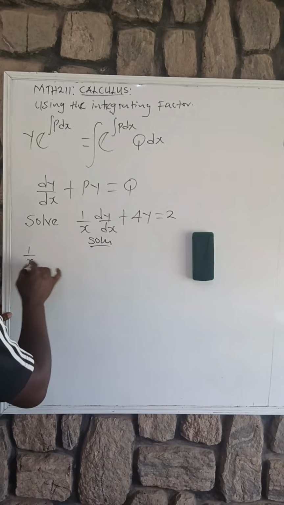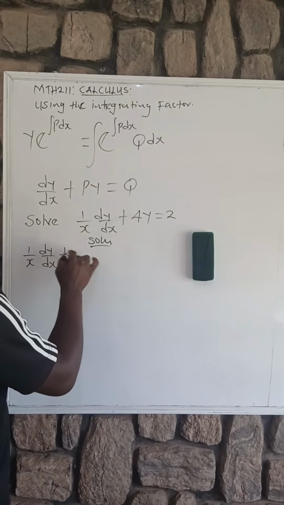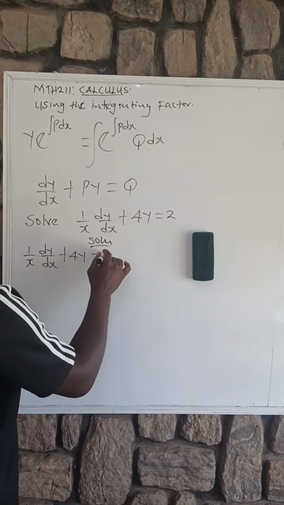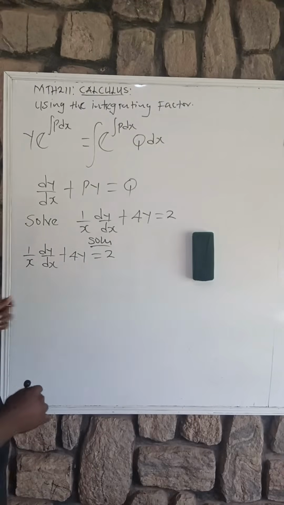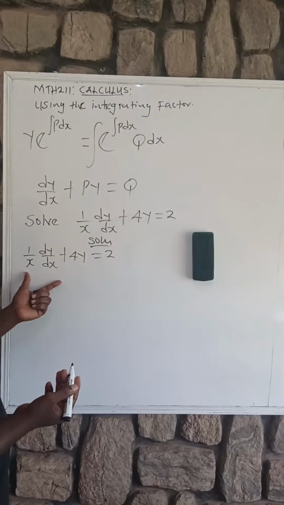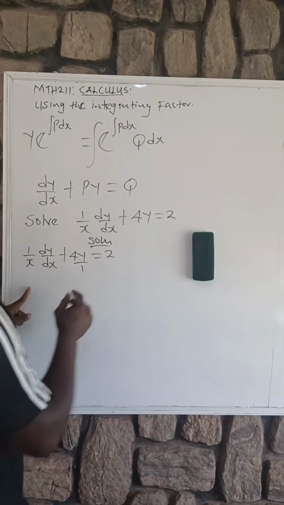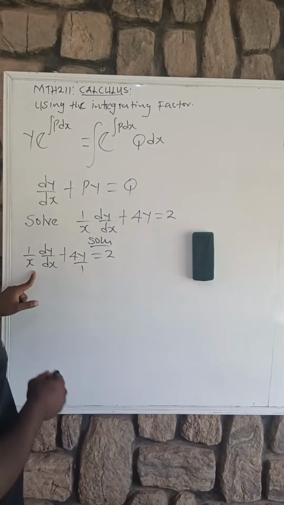1 all over x dy over dx plus 4y equals 2. When you come across something like this, you take the LCM. The LCM here is x.